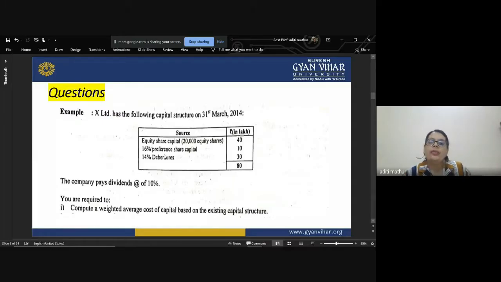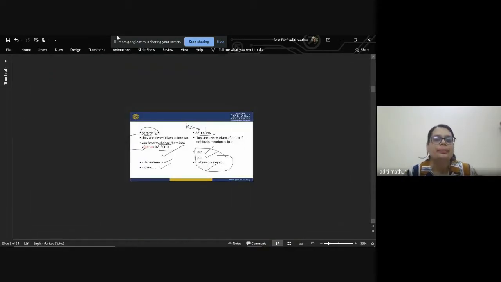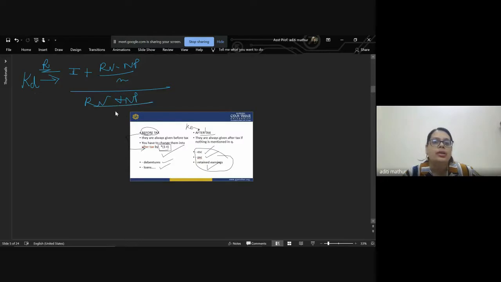Right? So before we start with a question, let us have a quick recap of all the formulas which we have studied till date. That is, cost of debentures. In the case of redeemable, our formula is interest plus RV minus NP divided by N, whole divided by RV plus NP divided by 2.